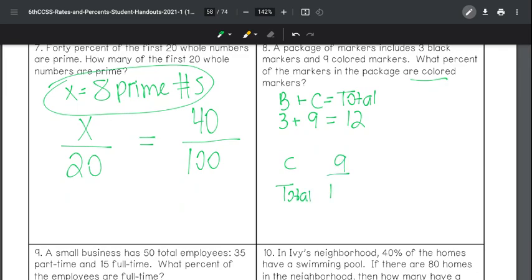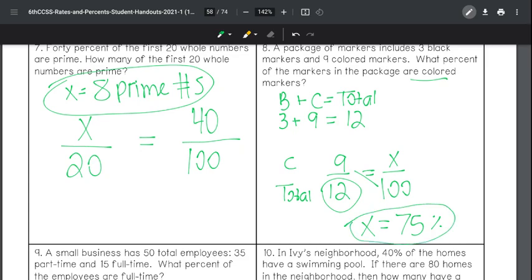So 9 out of 12 is equal to x over 100. When you cross multiply and then divide, you get x equals 75%. 75% of the markers are color.